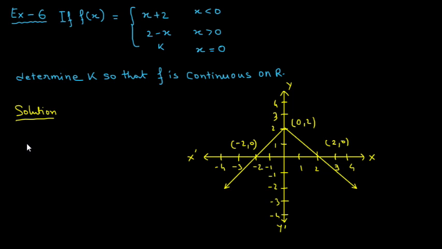that limit x tends to 0 minus f(x) is equal to limit x tends to 0 minus x plus 2, is equal to 0 plus 2, is equal to 2.